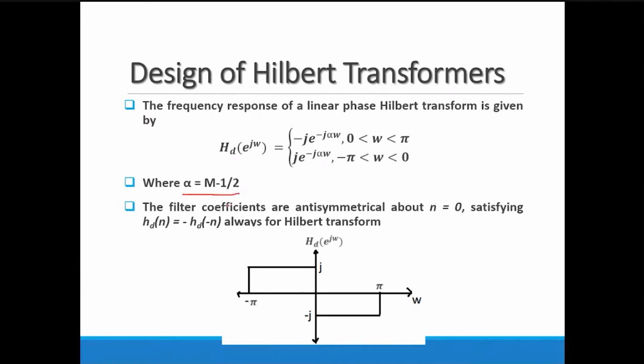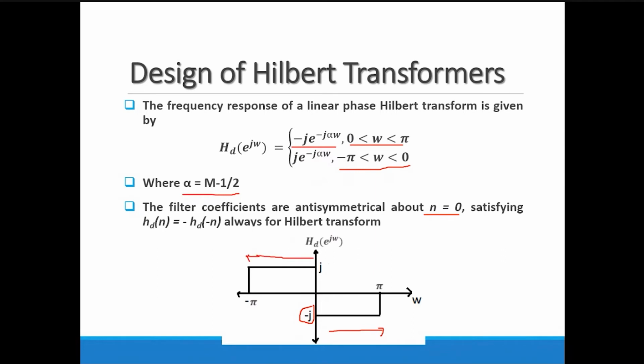The filter coefficients are anti-symmetrical about n is equal to 0. When you plot this, we get the value minus j from 0 to pi, and similarly you get the value plus j for the range 0 to minus pi.